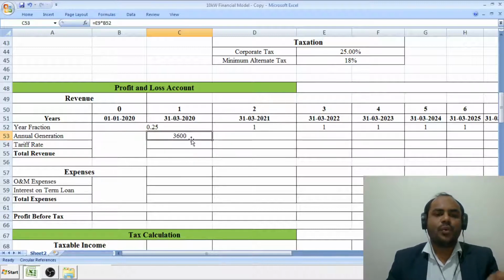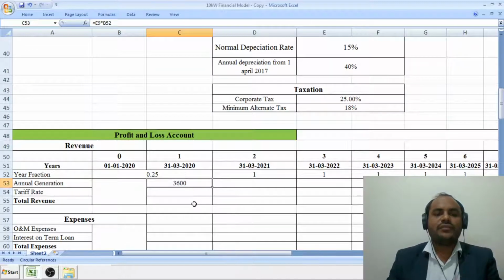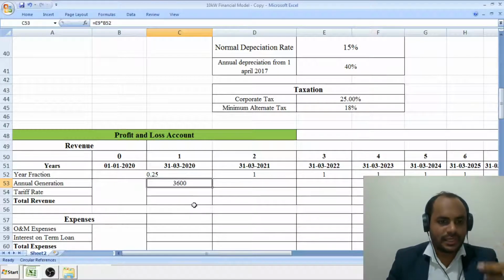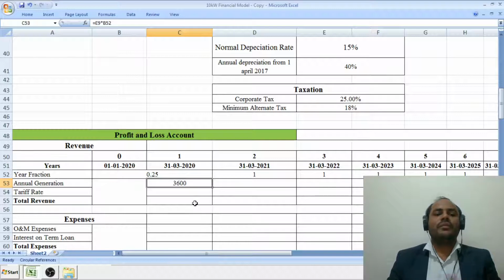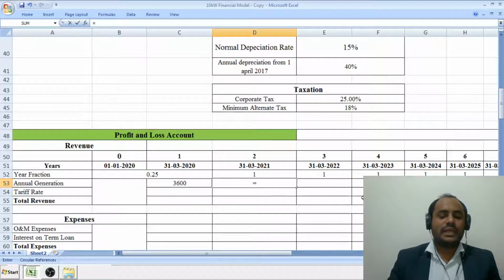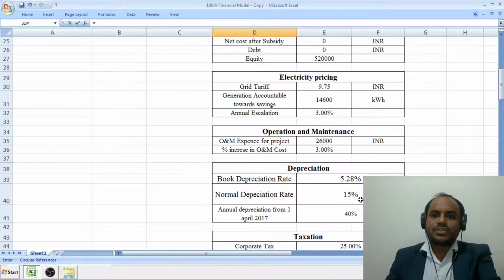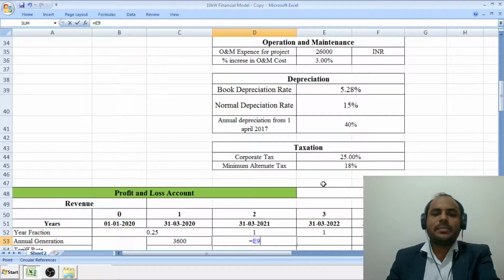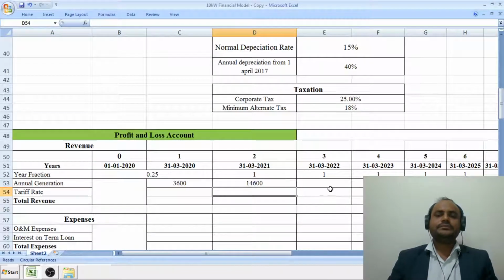So we came to know that in the first financial year we have to consider 3600 kilowatt hours of units generated in the consideration of the profit and loss account statement over here. In the second financial year, the whole amount of electricity is going to get generated. So we just copy this particular value 14,600 in this cell over here.